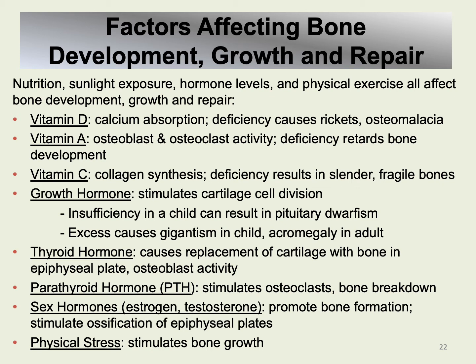So deficiency of vitamin C results in slender, fragile bones. This is more important when you think about the elderly. Think about which foods you can find vitamin C in: generally the orange and yellow color-coded vegetables, right?